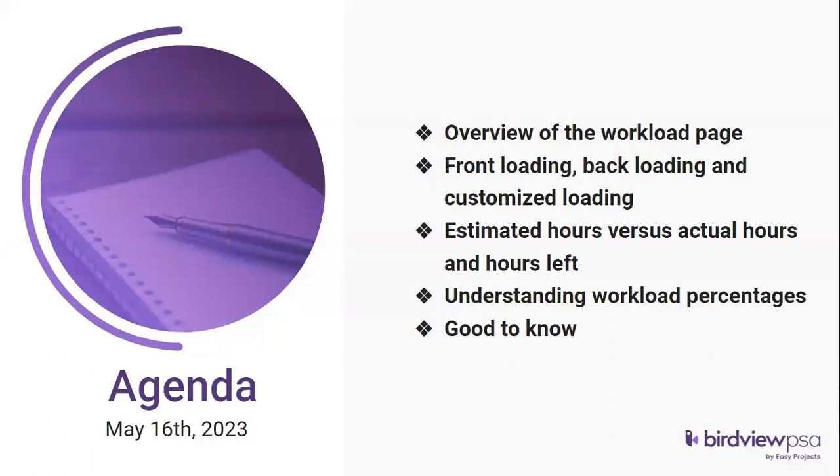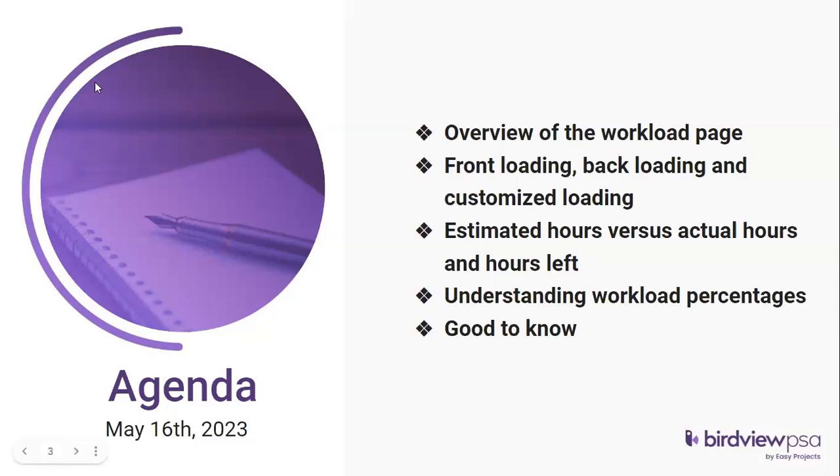We'll also view the data within estimated hours as well as actual hours and hours left. And we'll then discuss how workload percentages work within this view specifically. Finally, we'll be going over some important points that are good to know so that you avoid any errors in the future, as well as understanding how to use the system to the best of its efficiency.